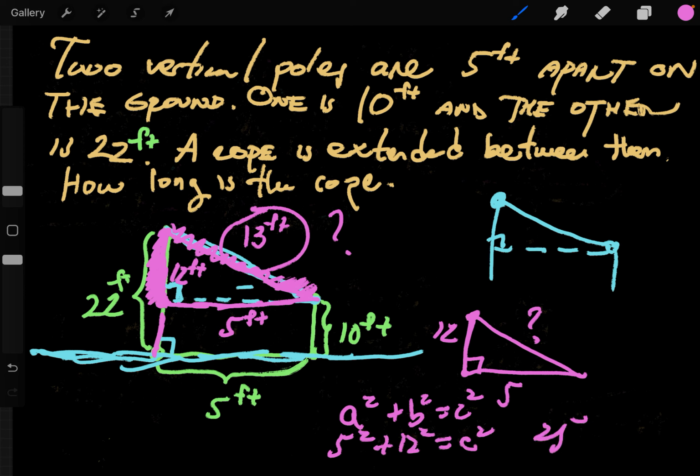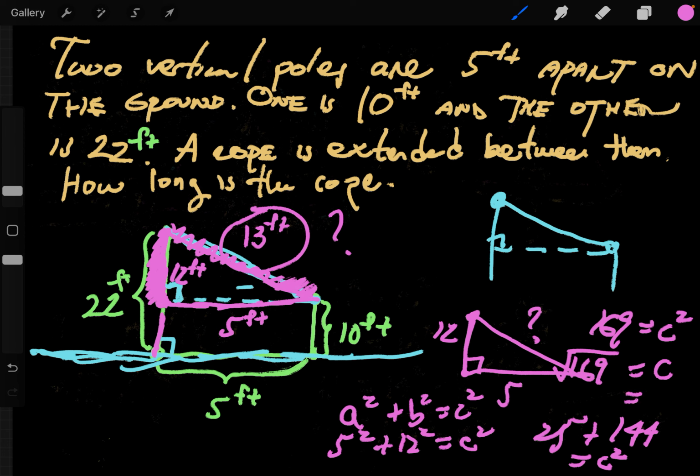This is going to give me 25 plus 144 is equal to c squared. This is going to give me 169 is equal to c squared. Take the square root of both sides. The square root of 169 is 13. And I have the length of the rope, 13 feet. And that's it for that one, okay?